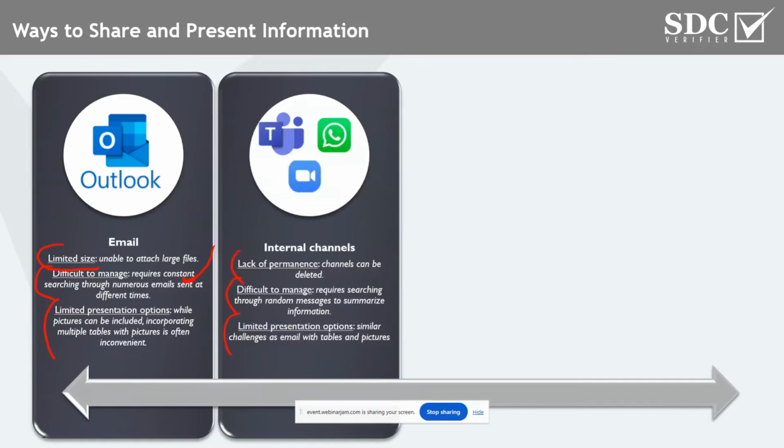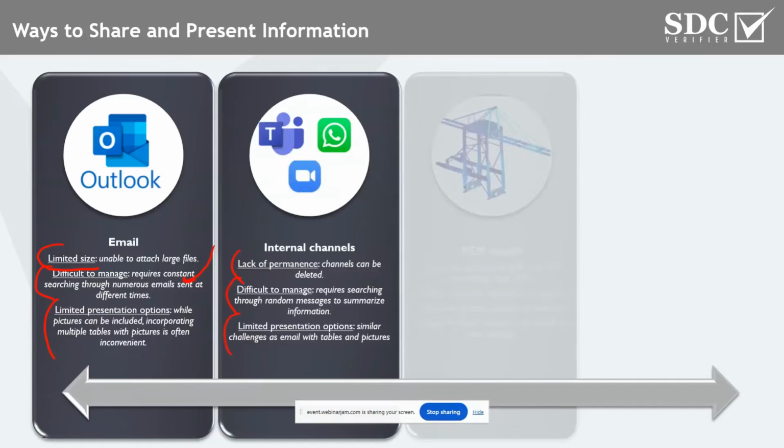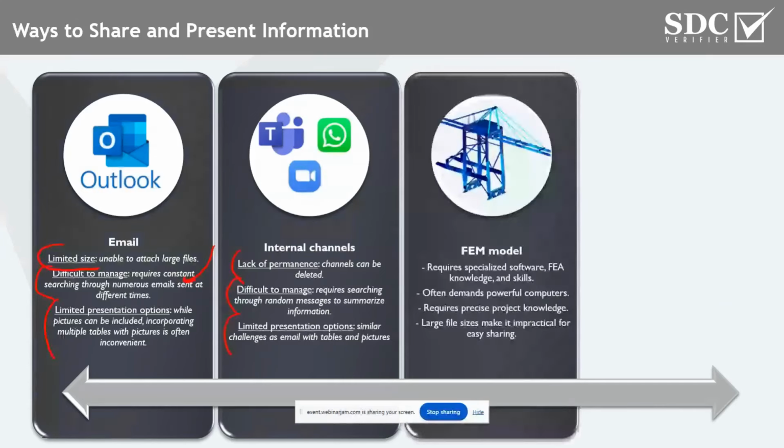You could say, all right, I'm dealing with the FEM model, so maybe I can share the FEM model directly. I think this is not the best decision in the world. First of all, it requires specialized software. Second, FEA knowledge and skills from those you are sharing this with. It often demands powerful computers.